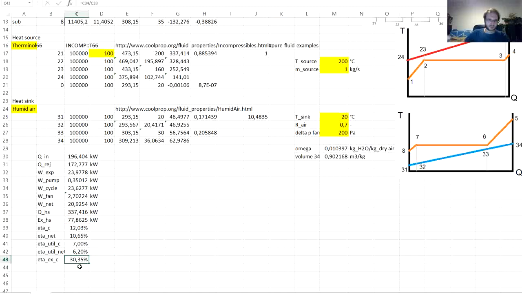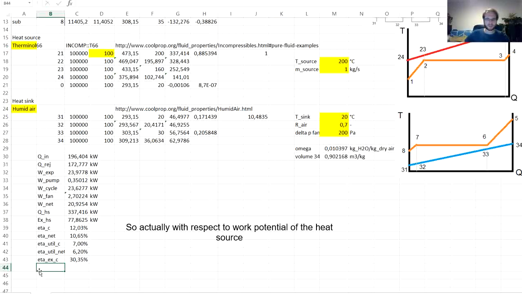And we can see that the cycle could convert the heat content in the heat source, with respect to the second law of thermodynamics, with respect to the thermodynamic limits, by 30%. So less than 1/3 of the theoretically obtainable work can be received from this cycle, and it's just the cycle.